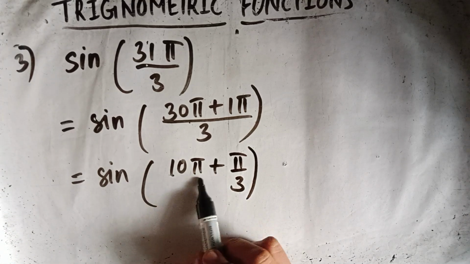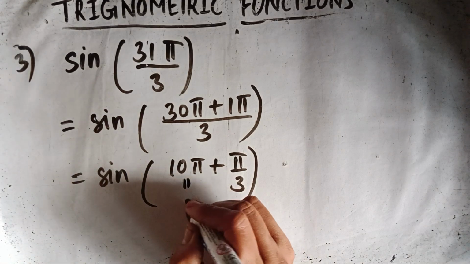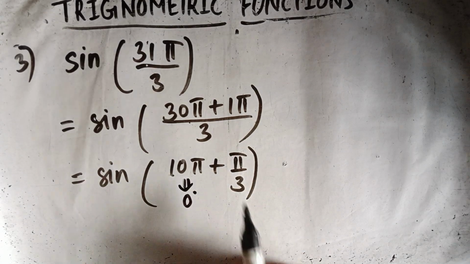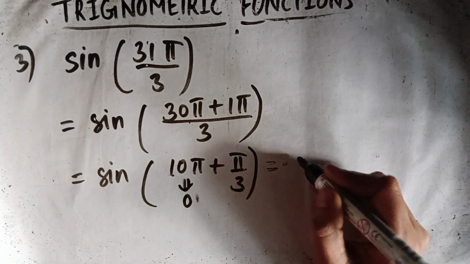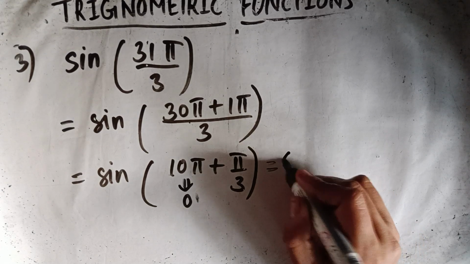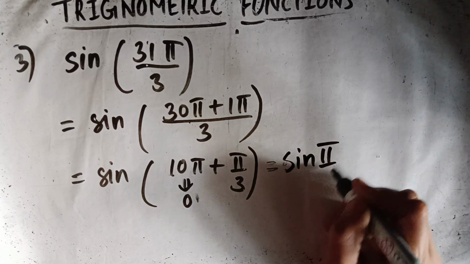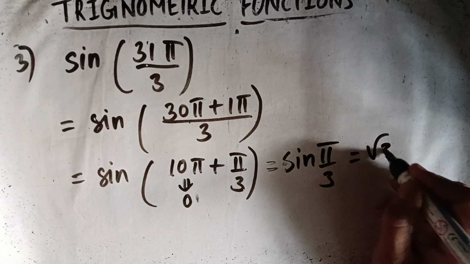So this becomes an integral multiple, like n pi. So it is nothing but 0. We can consider this as 0 degree. So the only thing that remains is pi by 3. And sine pi by 3 is sine 60, which is root 3 by 2.